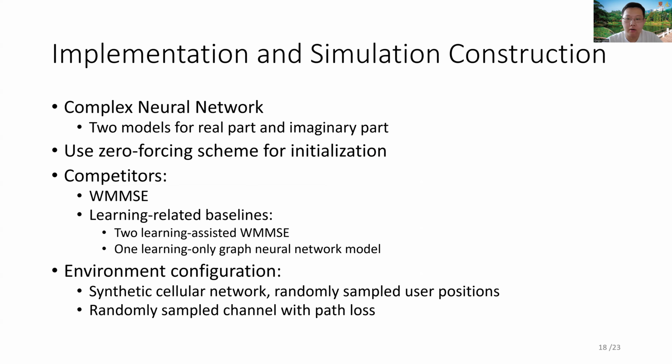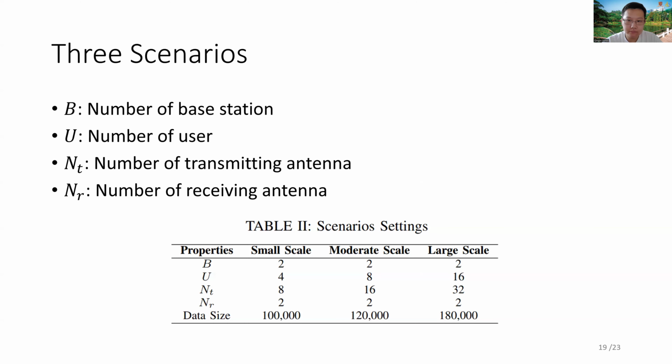For the channel model, we use the channel setting in the WSE paper, which is randomly sampled with path loss. We construct three scenarios with different scales. In the small scale, we have 2 base stations, 4 users, 8 transmitting antennas at each base station, and 2 receiving antennas. The largest scale has 2 base stations, each using 32 antennas to serve 16 distinct users with 2 receiving antennas.